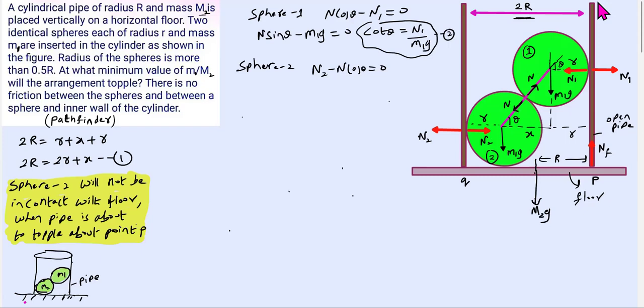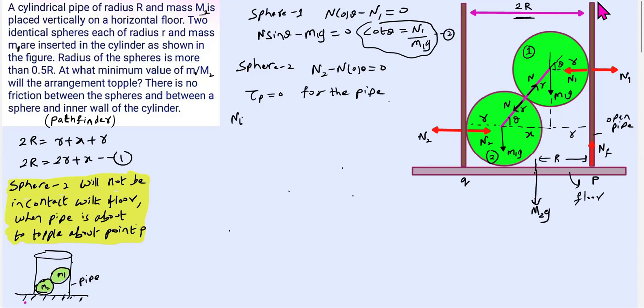Now we'll write down the equation for the torque. Net torque about point P should be zero for the pipe. Then the wall will set up torque due to the normal contact N1. This total distance is needed.